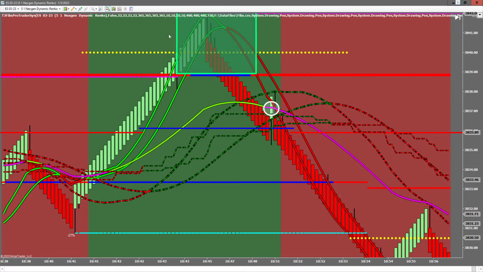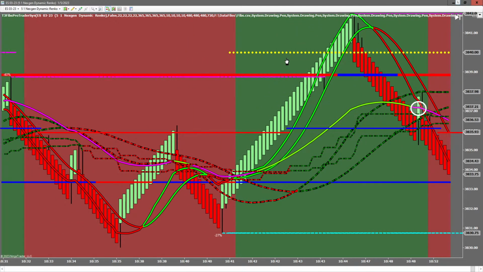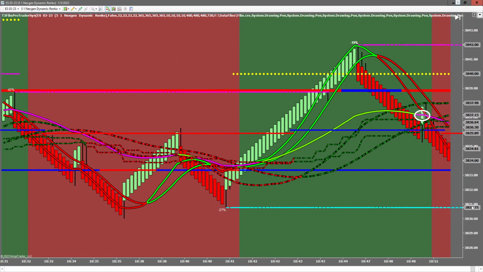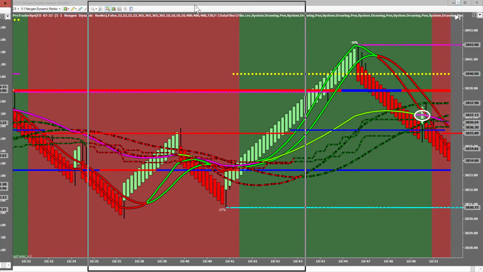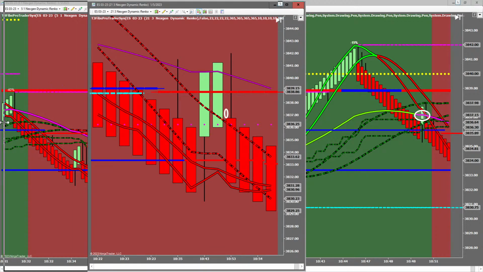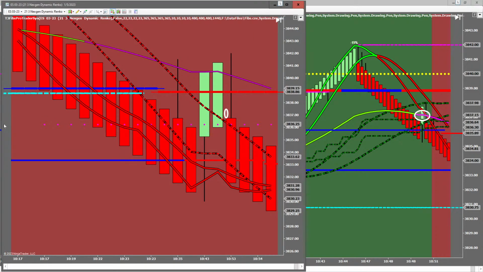If you were just looking at your 5-1 chart, you're thinking, I'm going to do a trend trade long. Right? You see how that messes with you? If you're looking at your large charts first, the short makes a lot more sense, doesn't it?